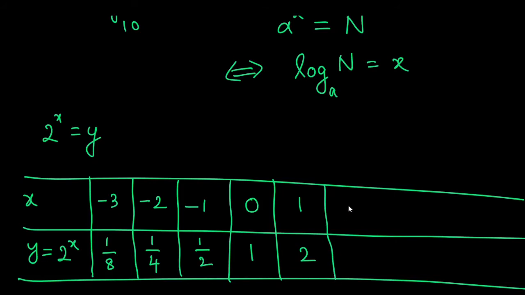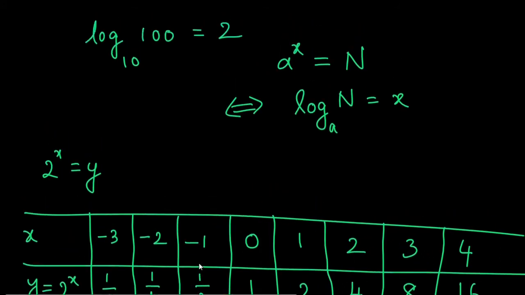When x is equal to 2, we get y is equal to 2 power 2, this is 4. When x is equal to 3, y is equal to 2 power 3, that is 8. When x is equal to 4, we get y is equal to 16. This is exponential relation, exponential function we can say.